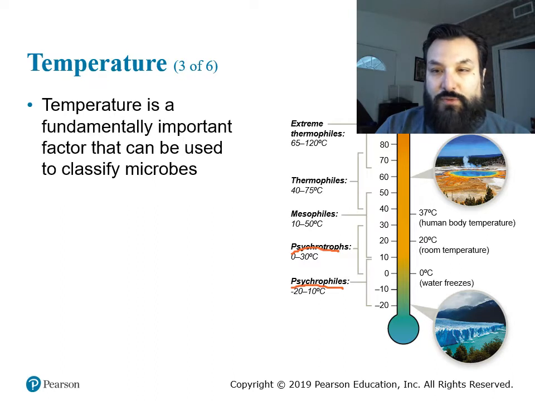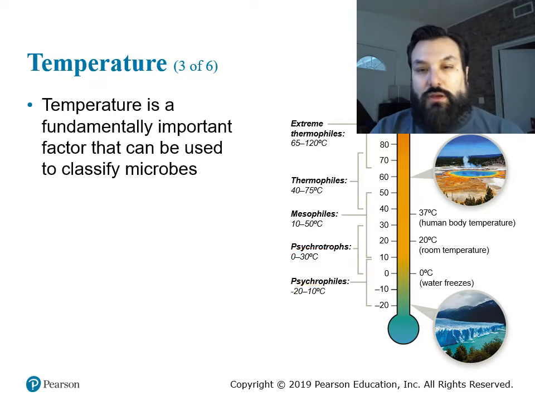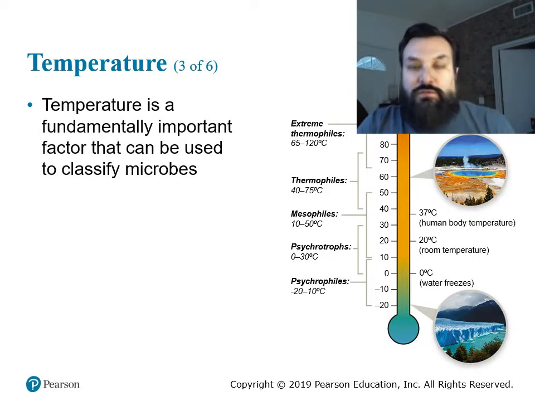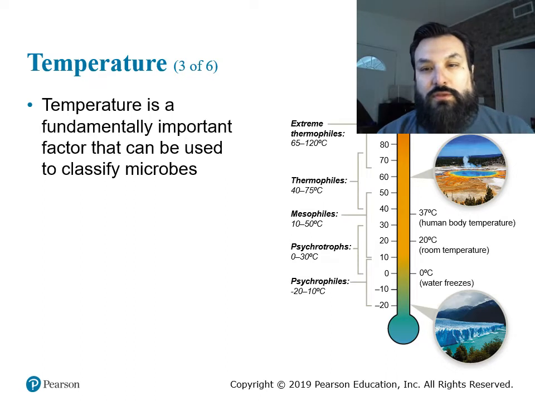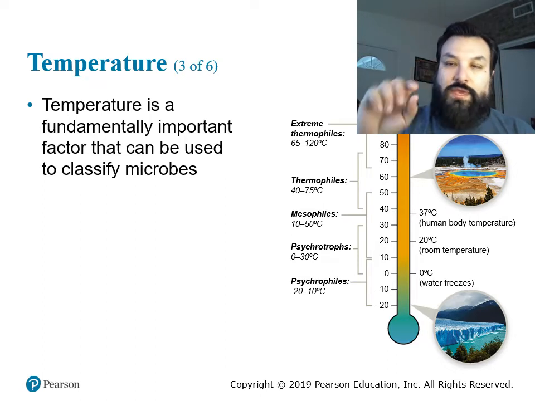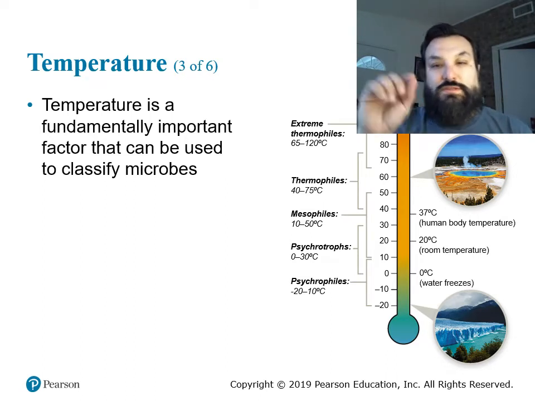And you can see the temperature ranges there as well. Those are the temperature ranges on the thermometer, and we can actually classify organisms based on those ranges.